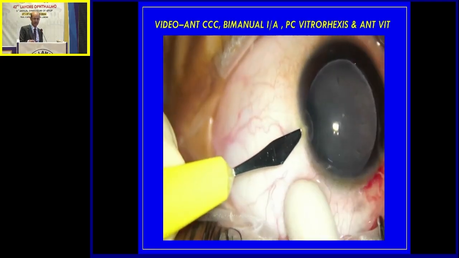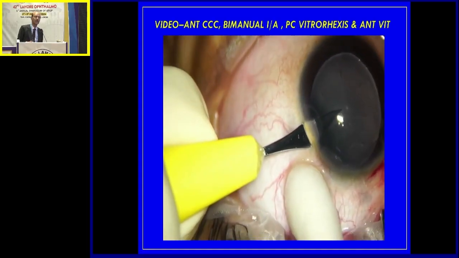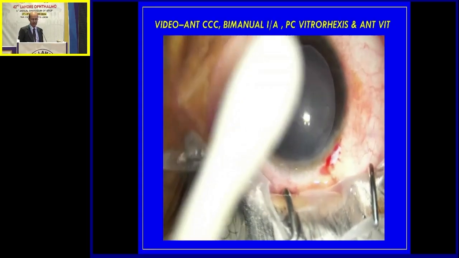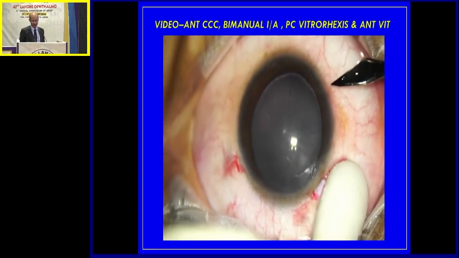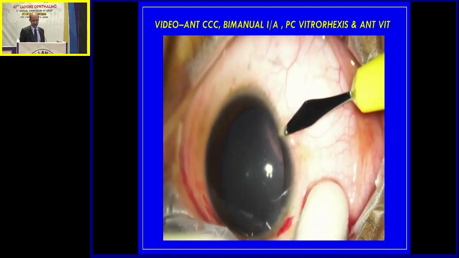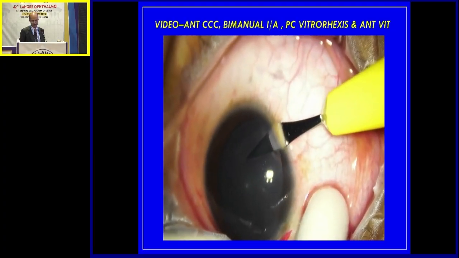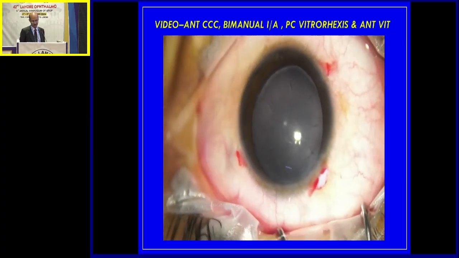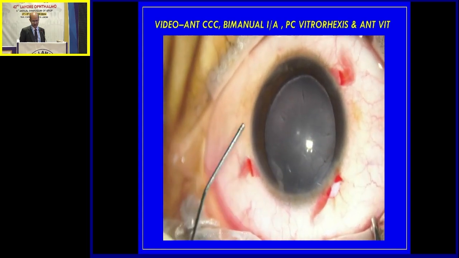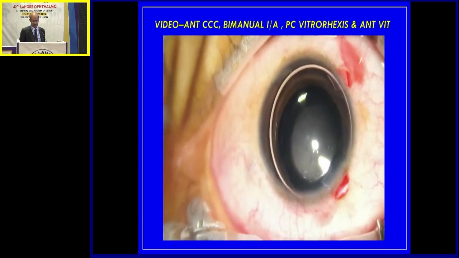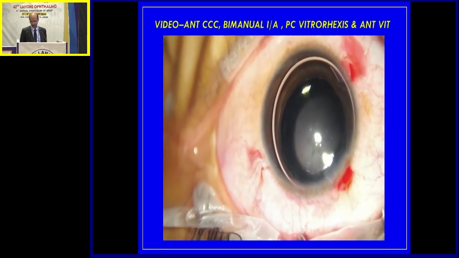This baby was bigger. I will not use suture. Side port. The remaining steps are more or less the same. Another side port for vitrectomy or for safety.